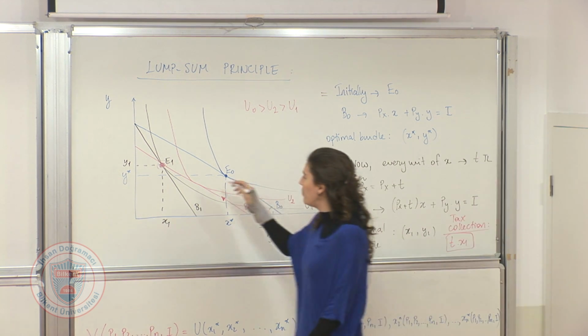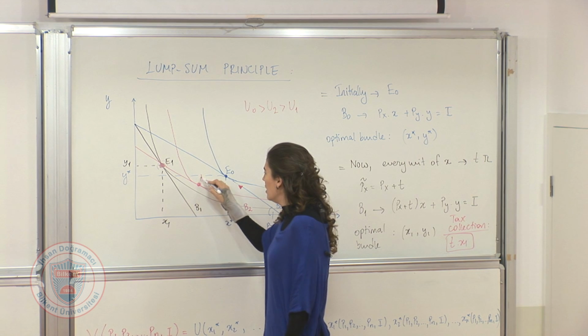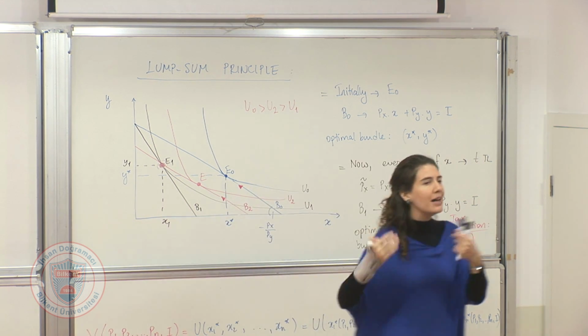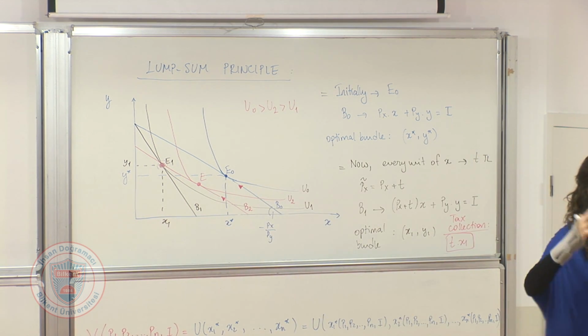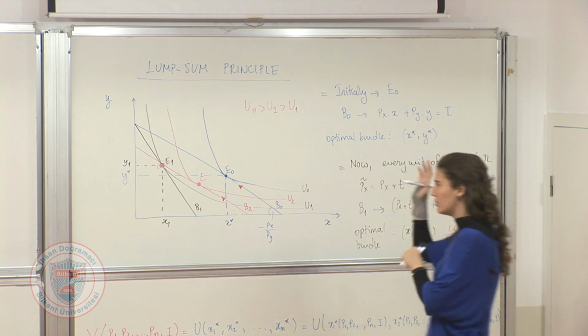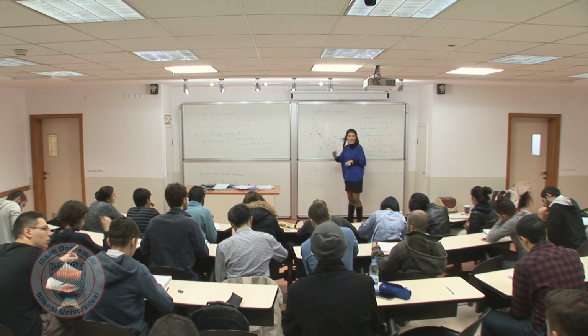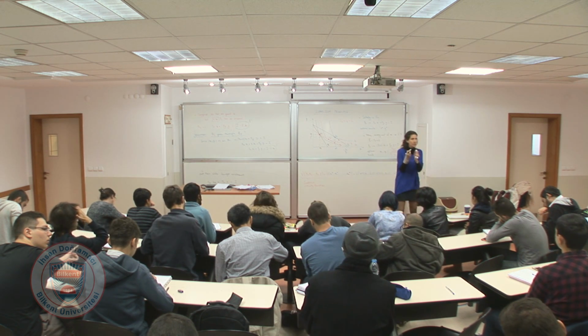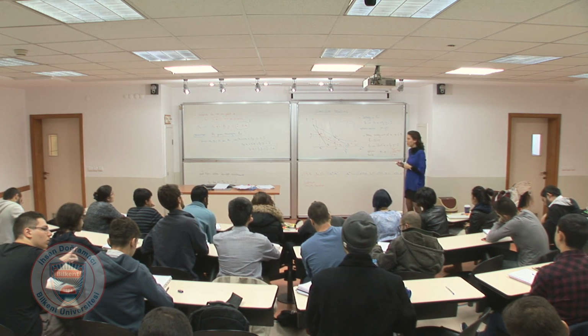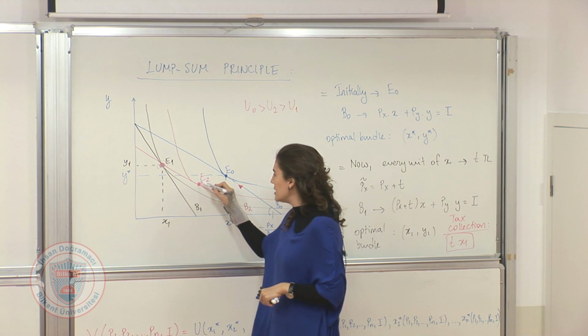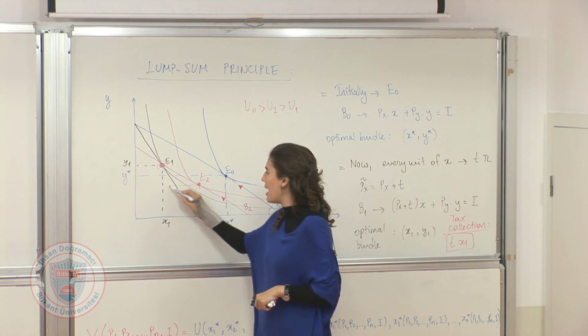So the optimal point, of course, remember, given the fact that you like that good, you would like to consume that good, because otherwise things might go in different directions. Again, we can always figure these out. So you see that this is E2 and we would be at some point.